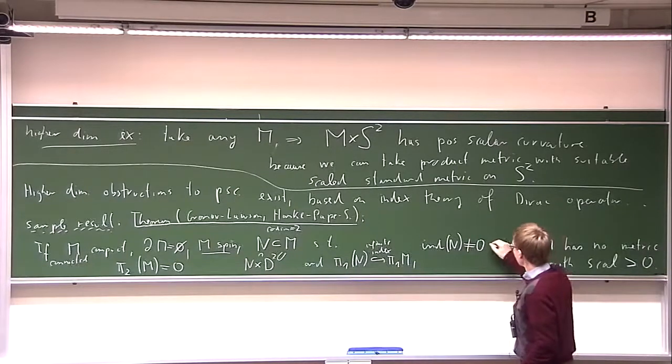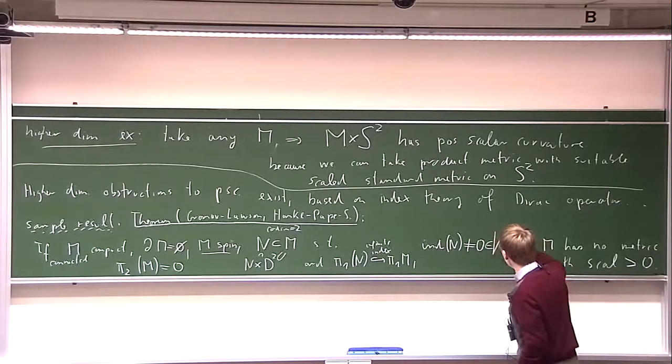And now this is what I have to explain later again. This is going to be an element in an interesting and complicated group in the K-theory of the reduced C-star algebra, of the C-star algebra of the fundamental group of N.